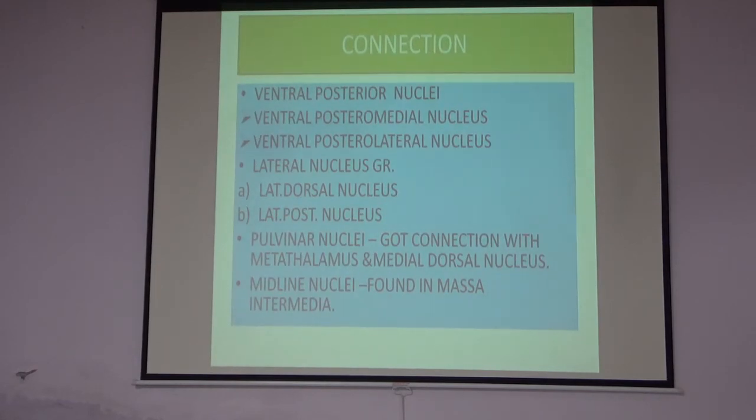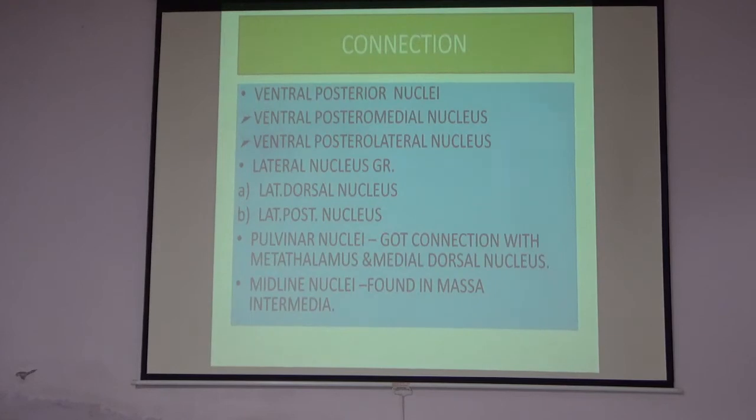Then we have the midline nuclei, which are found in the massa intermedia, and have an afferent from the corpus striatum and brainstem reticular formation, and efferent to the cerebral cortex, red nucleus, midbrain nuclei, and hypothalamus.